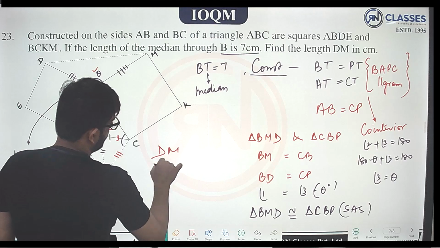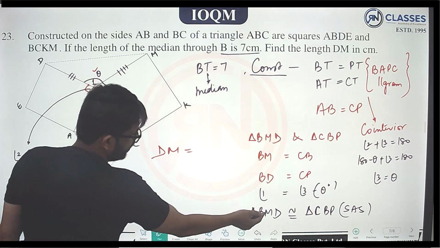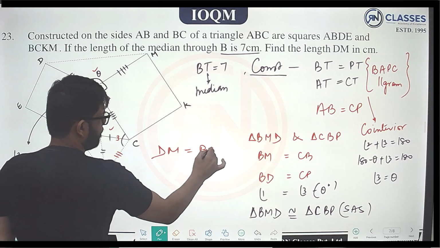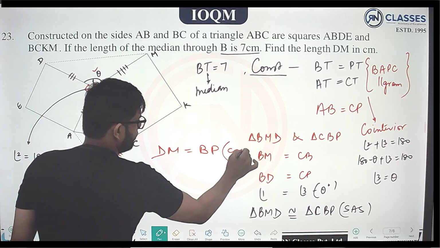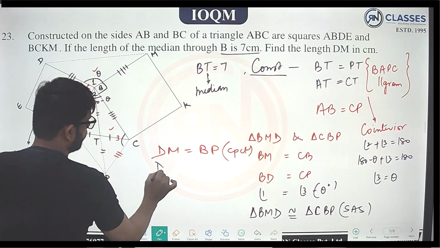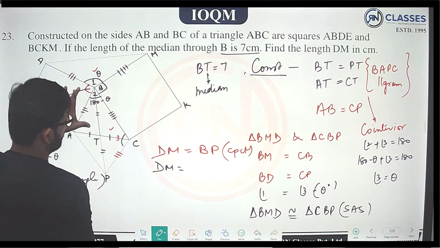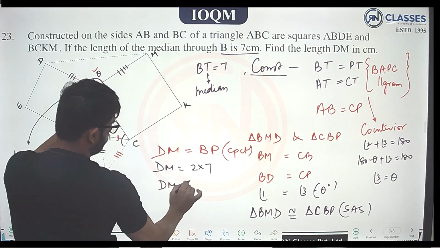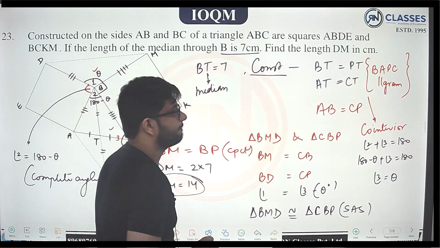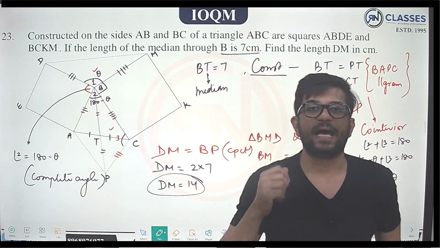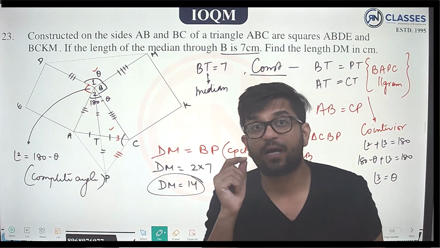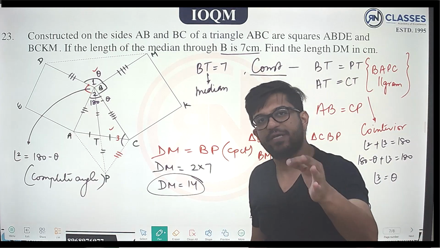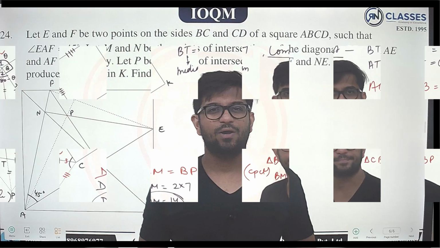DM इज इक्वल टू BP, B से P, कैसे CP/CT. सो DM मेरे को निकालना था, ये मेरे पास 7 था, तो मैंने इसको 2 into 7 लिख लिया, दैट इज ये था क्वेश्चन. जब भी मीडियन आए, पैरेललोग्राम का यूज हो सकता है कंस्ट्रक्शन के अंदर, इट इज वेरी वेरी वेरी इंपॉर्टेंट.